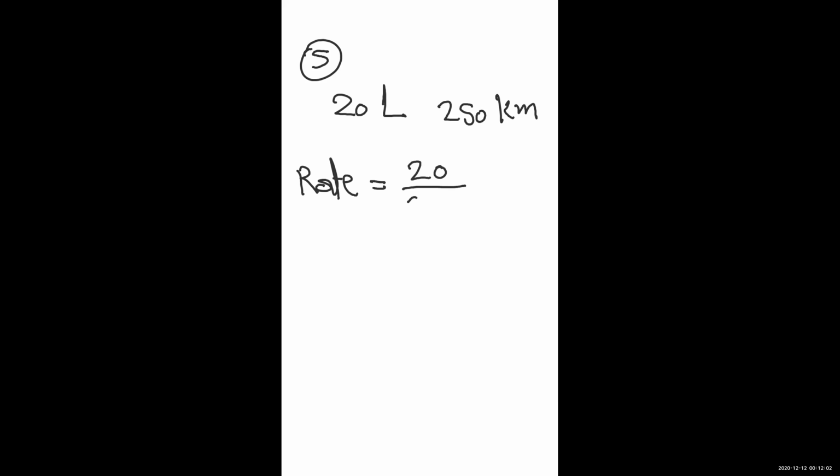Question 5. A car consumes 20 liters of benzene to cover a distance of 250 kilometers. Calculate the rate of consumption of benzene. So the rate of consumption of benzene will equal 20 over 250. This one is liters and this one is kilometers.